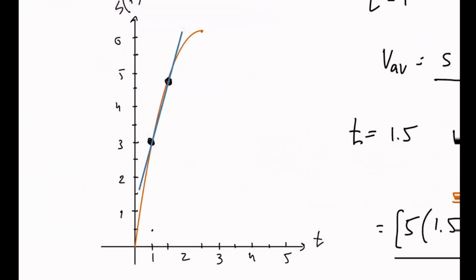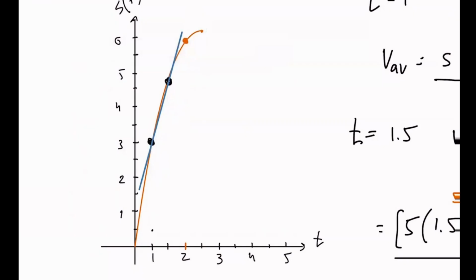Before, as you remember, we had t equals 1, so that's going to be this point. And then t equals 2, that's going to be this point right here. And we were drawing the secant line through these 2 points. It's kind of hard to draw it.